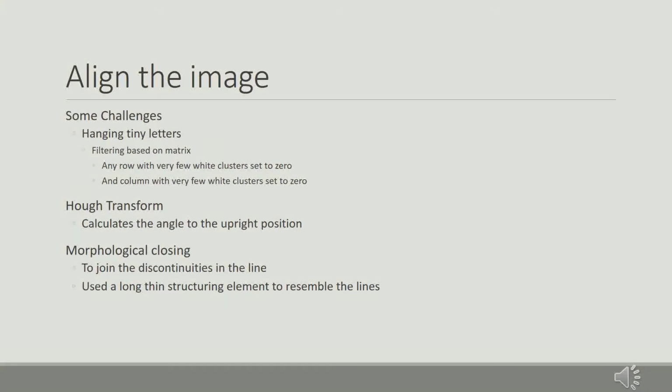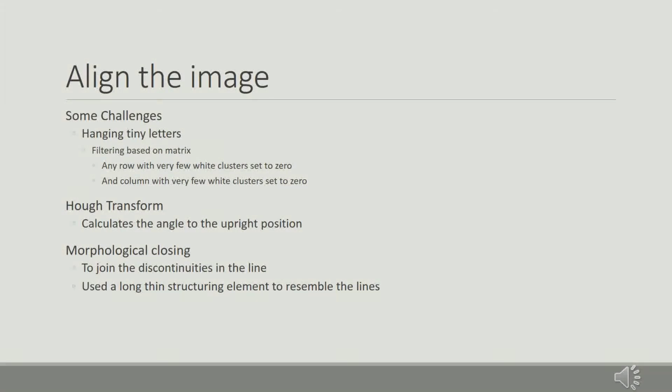Also, if you notice, some of the lines were discontinuous, broken, with unconnected portions. We need identical parts of those lines for the parallel lines. So we do morphological closing. We use a very long and thin horizontal structure which looks just like the nutrition fact line.